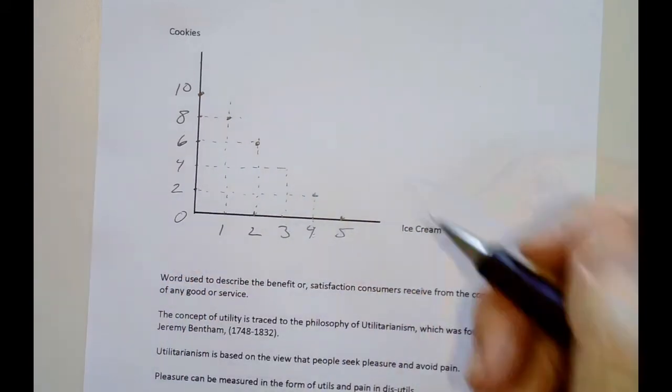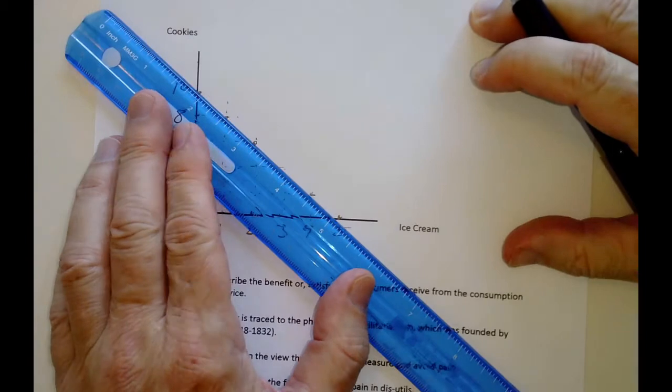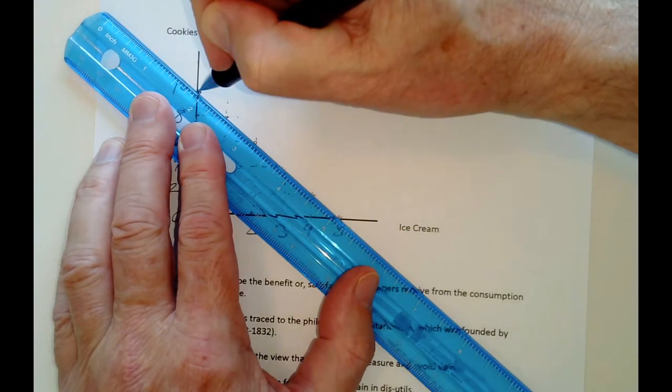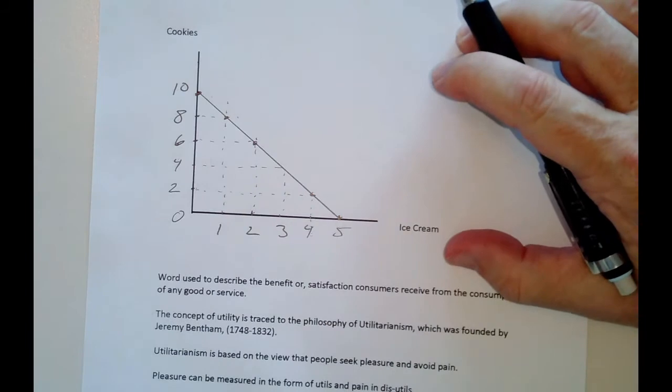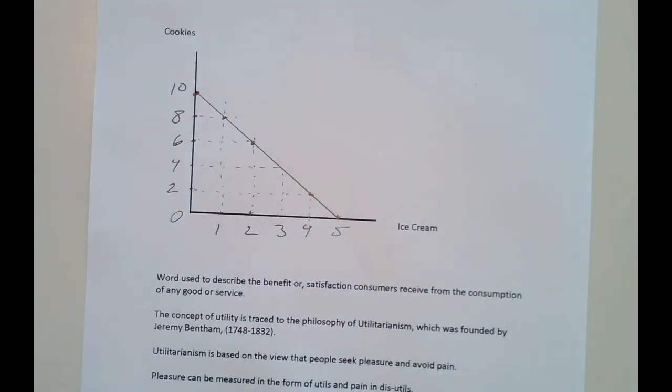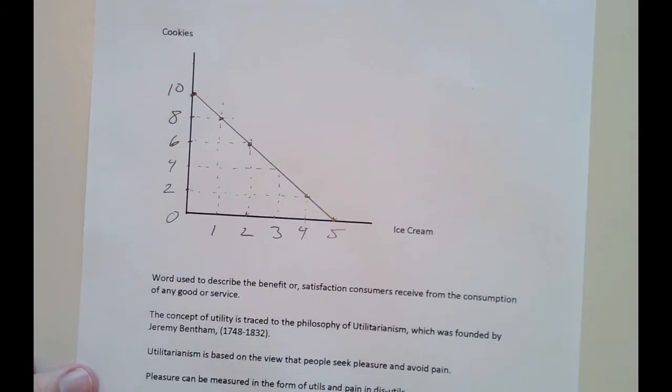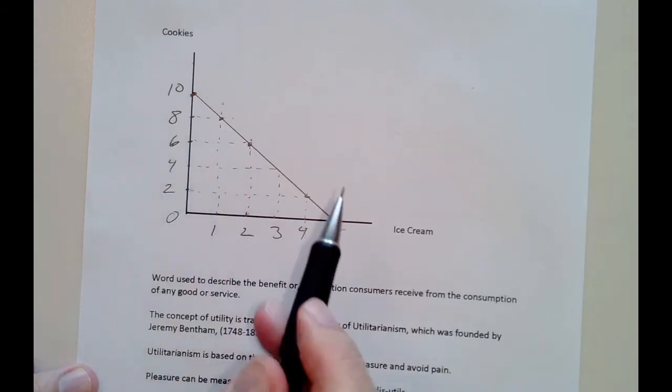And so we connect those points. This will be our budget line. And our budget line simply is a picture of our budget constraint. What we want to do is be on the best point here. Just like with the frontier, one of them is the best point. We can't determine that right now.